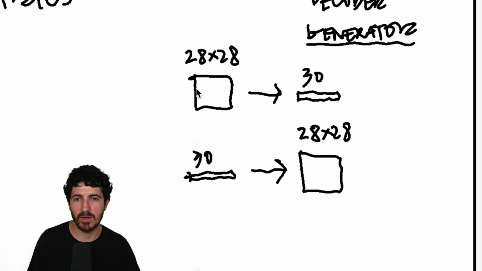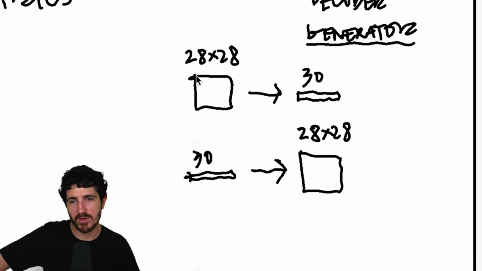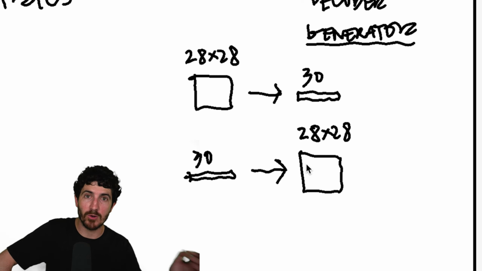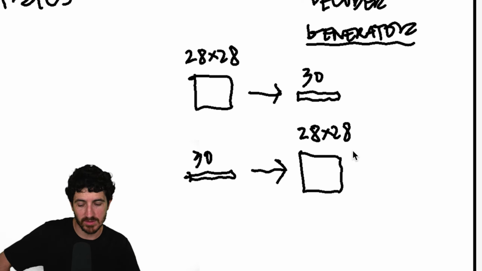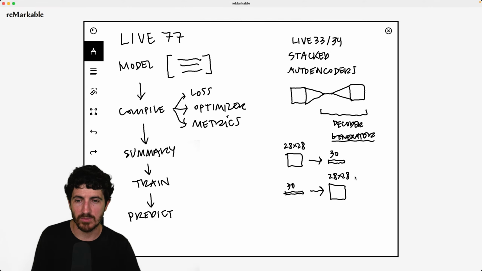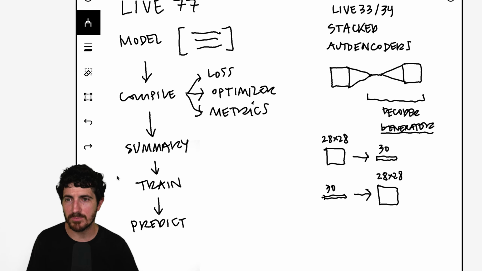So encoding or feature extracting, when the model is trained, is going from the actual image to the codings or embeddings, and the opposite process, going from the codings to the actual image, is decoding or generating, if we are actually generating some new data.